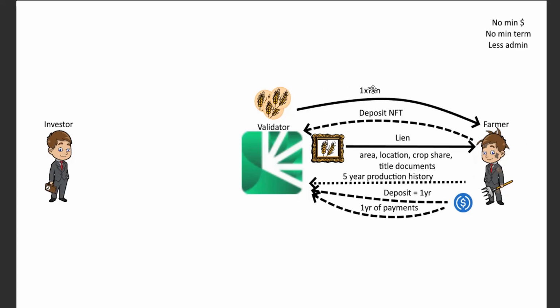Now, the amount of tokens is based on how much of the crop share he's willing to put on the line. Maybe he produces 1,000 kilograms of wheat, and he just wants to put 10 kilograms in here. So he decides how much of his crop he wants to mint into these tokens.